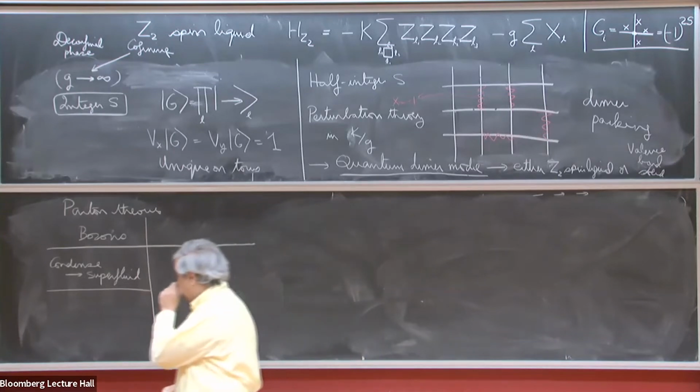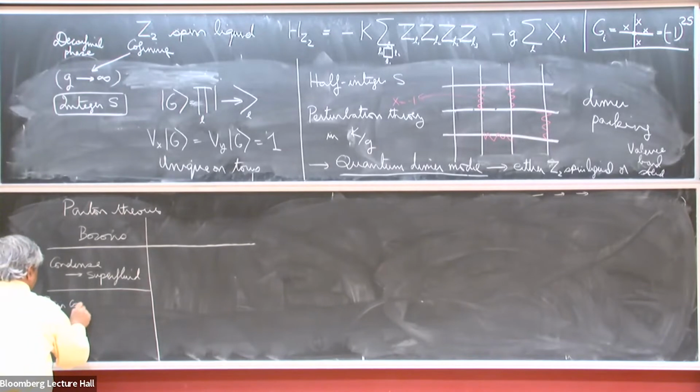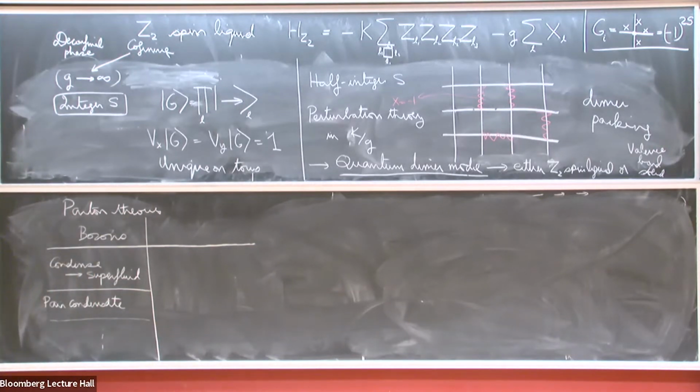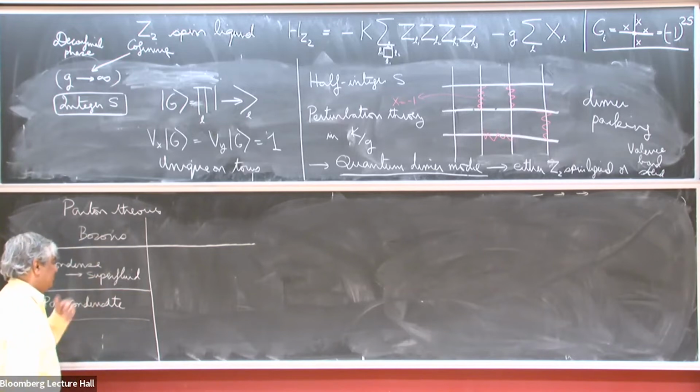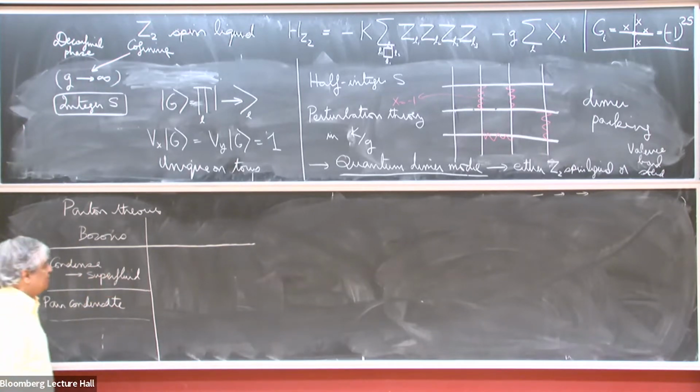So you could also get a pair condensate. There are various other possibilities, but this is what we need for now. So this is what ordinary bosons like to do. They could be a superfluid, they could also be a solid, but that's not so interesting, or they could form a paired condensate, depending on whether the conditions are right.